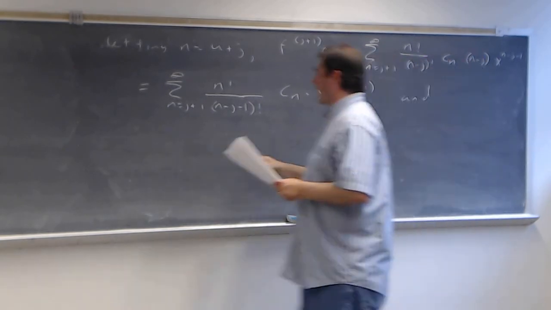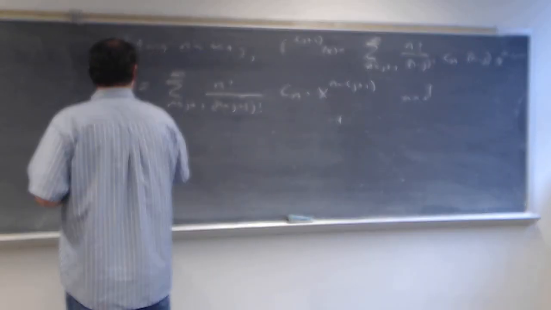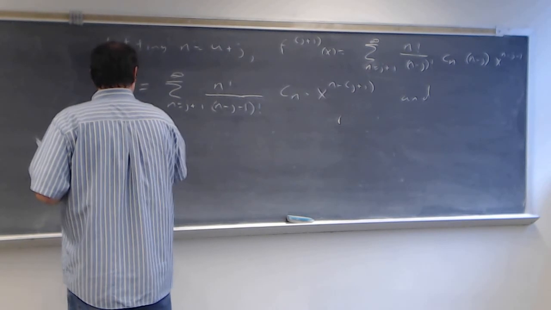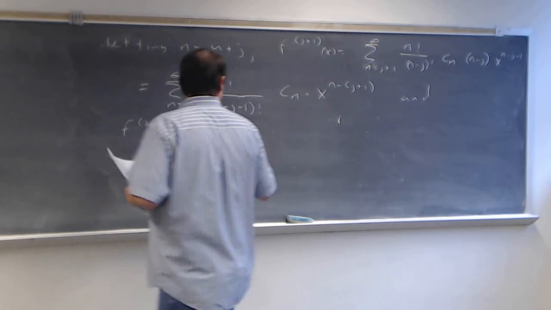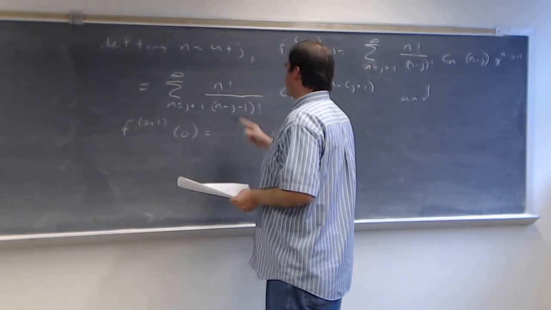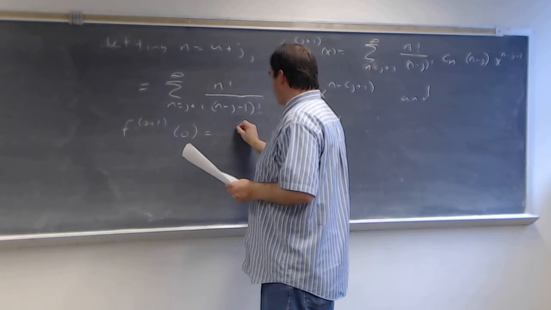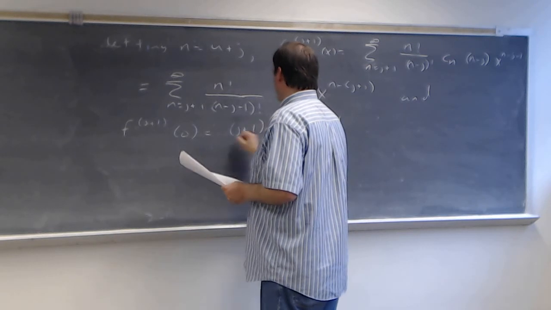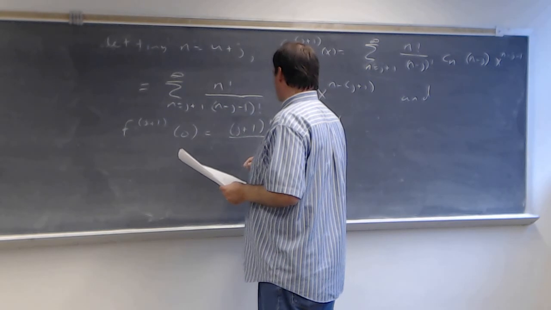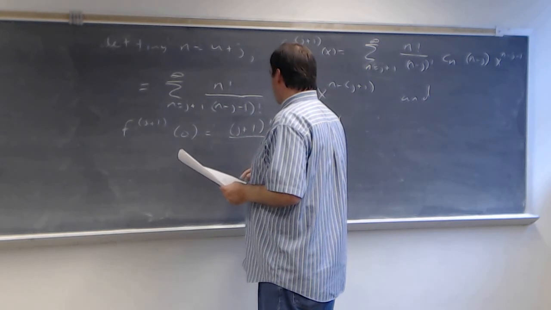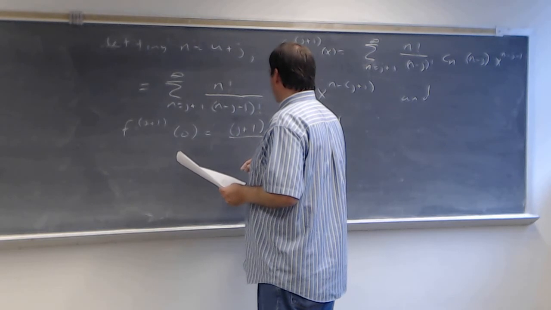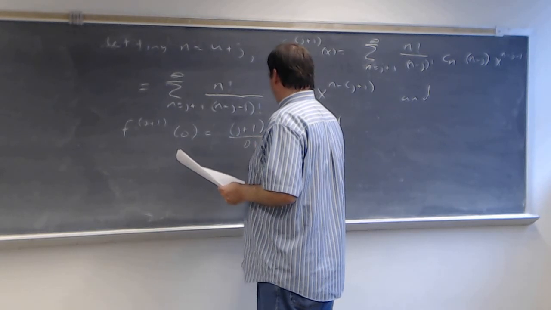And if you look at the j plus 1 derivative evaluated at 0, the only term that isn't going to be 0 is the first term. So this will be j plus 1 factorial over j plus 1 minus j minus 1, and so we get 0 factorial.